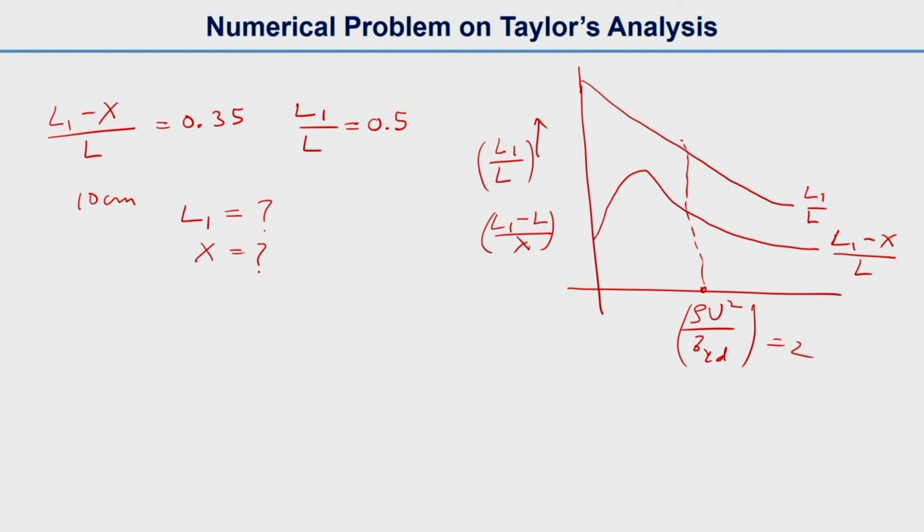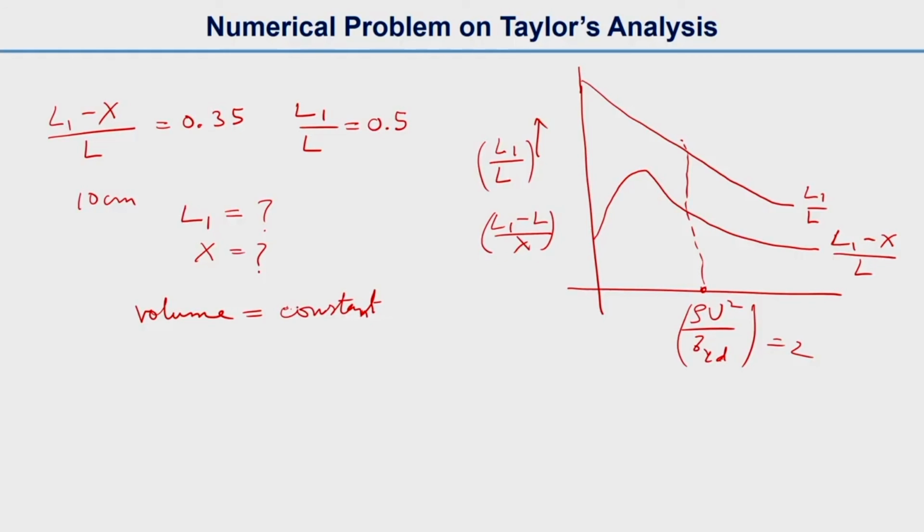Then we have to find the diameter as well, because what you can do is assume that the volume will be constant. So the volume will be constant, and as you know, after the impact, this portion we keep as x, and this will be L1 minus x, and total distance is L1.